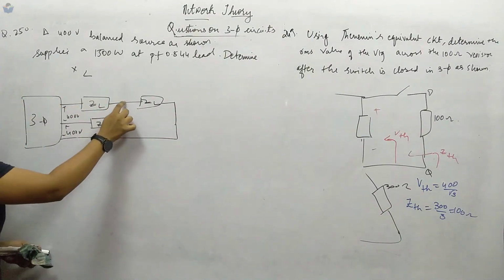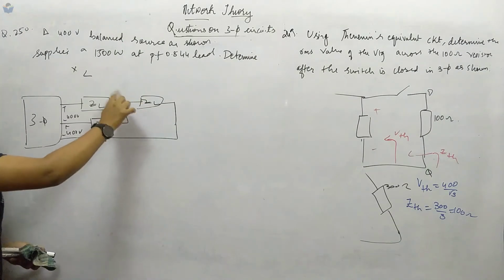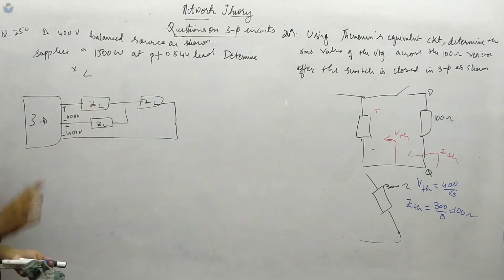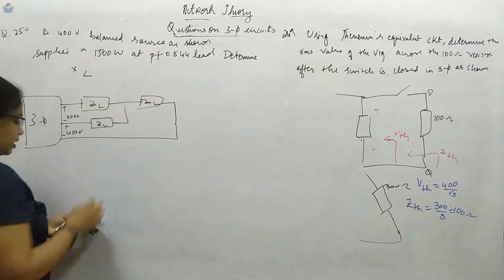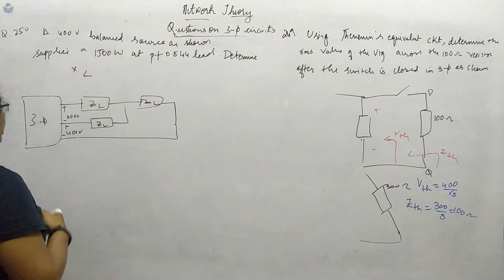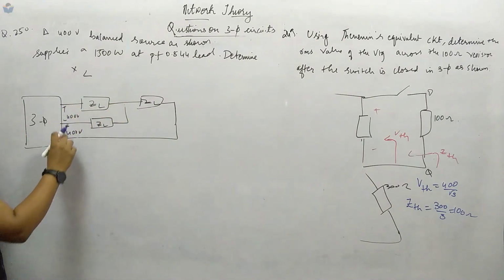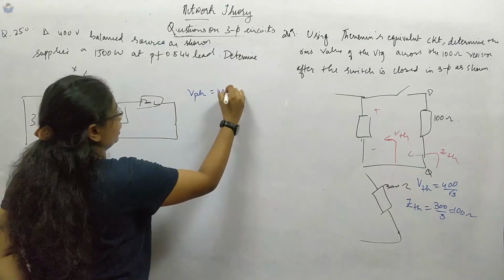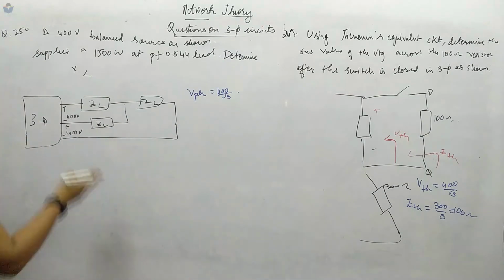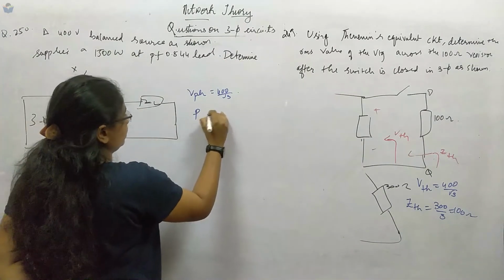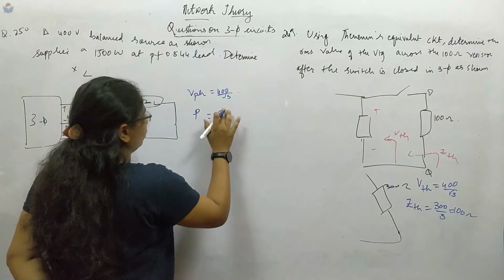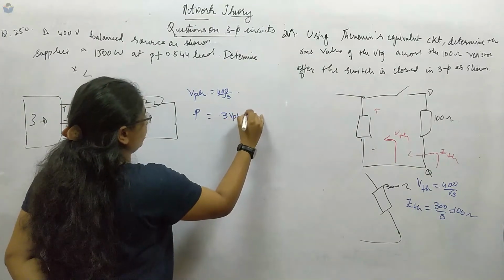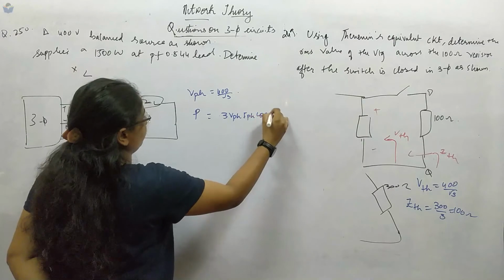See here, all three are connected to a single point, similar ends, so that is why it is star connected. When it is star connected, we have the line to line voltage, so V phase will be 400 by root 3, but they have given us power consumption. So what is power consumption? P is equal to root 3 VL IL cos phi, or take it as 3 VPH IPH cos phi.